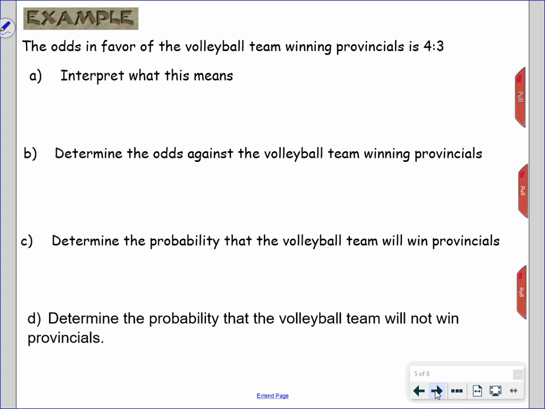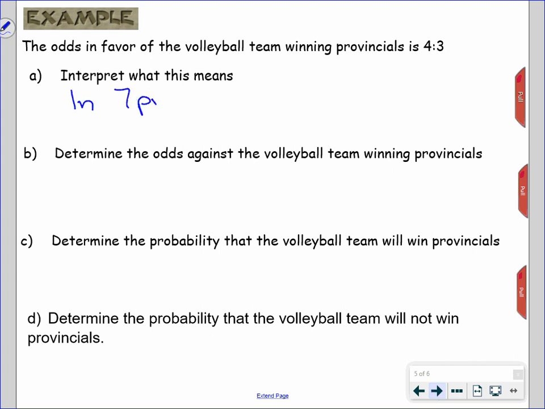The odds in favor of the volleyball team winning provincials is 4-3. So we want to interpret what this means. So this means that in total, there were 7 provincials, because there are 4 wins and 3 losses.